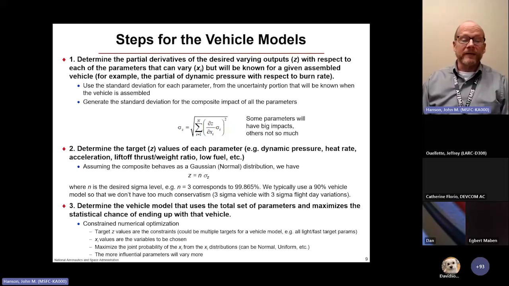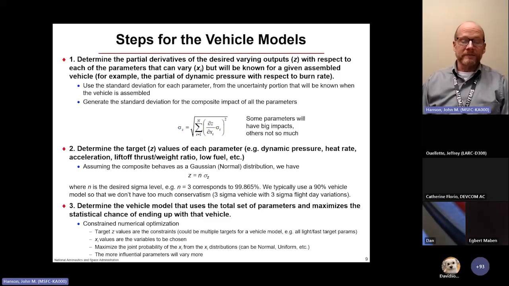And so we have constraints to the target values that we want. It could be these 3 or 4 or whatever your values are. And then we choose the input values to get that, and we maximize the joint probability of these input values from the distributions of them. Those distributions could be anything.